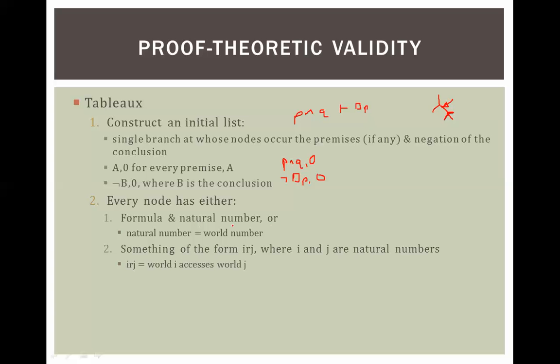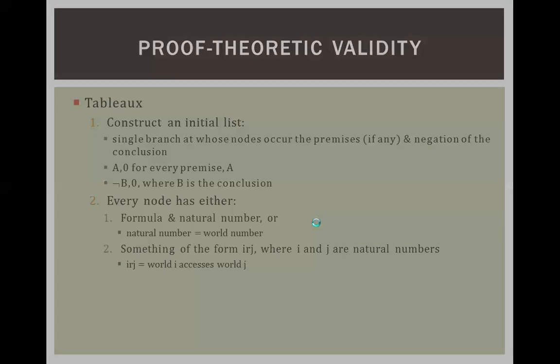And the natural number on the side is going to be the world that you're talking about. Or if you have IRJ, that would be something like this: 0R1. World 0 relates to world 1. That's what you're going to be doing at these nodes.